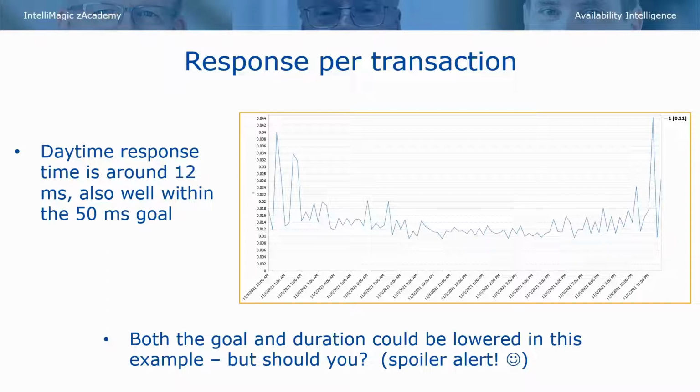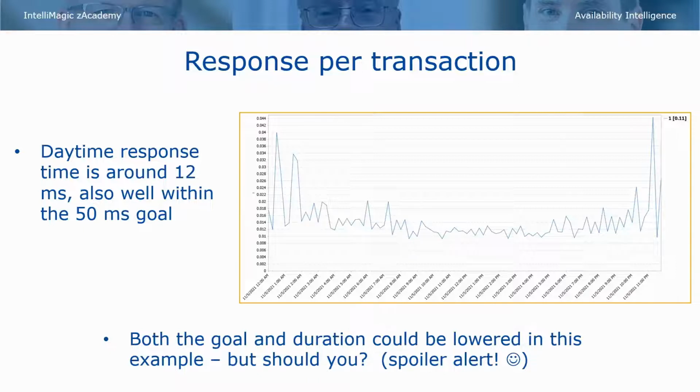But with multiple periods, you will get a different response time for each period, and they can vary widely because they have different goals, obviously, and different profiles of workloads. So here we see a fairly steady response time during the day, about 12 milliseconds. The goal for this first period is a modest 50 milliseconds.